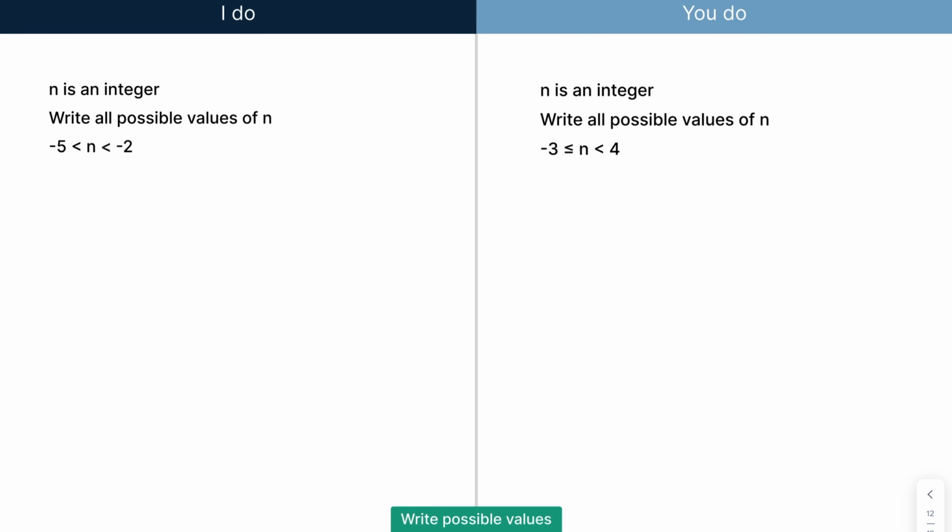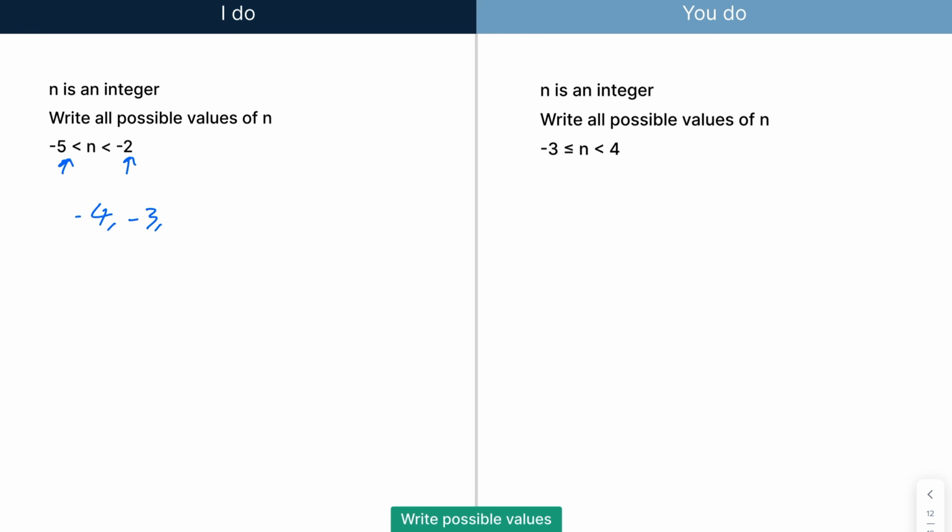So moving on, we've now been asked to write down all possible values of n for the following inequality. For this one, we're not going to include -5 because it's not less than or equal to, and we're not going to include -2, so it's just going to be -4, -3.